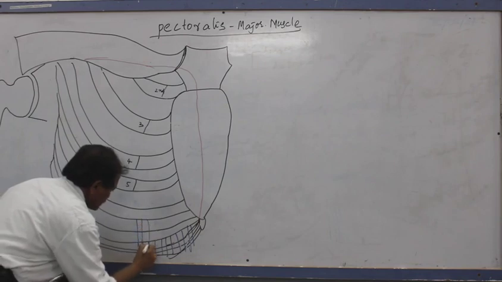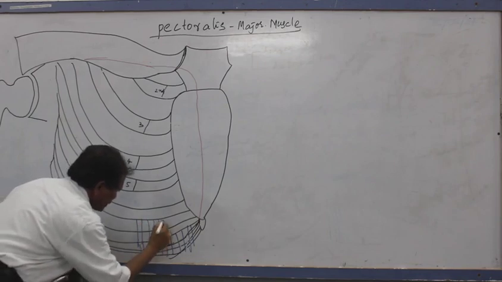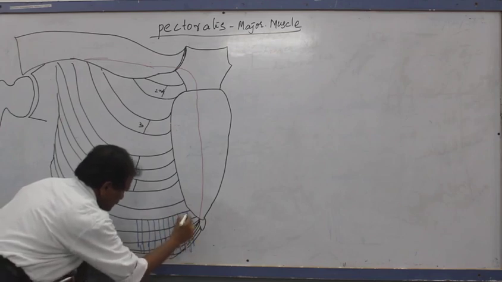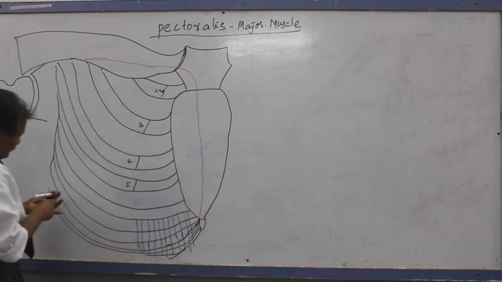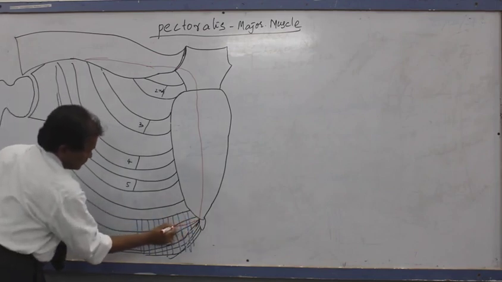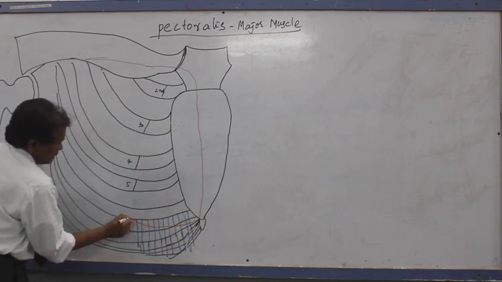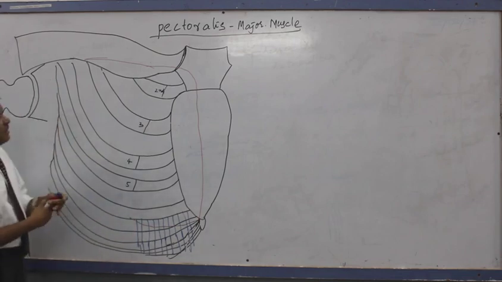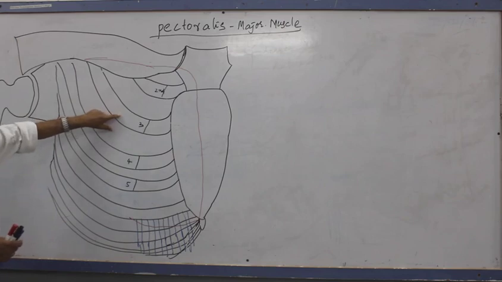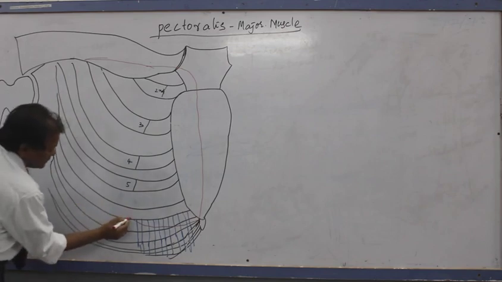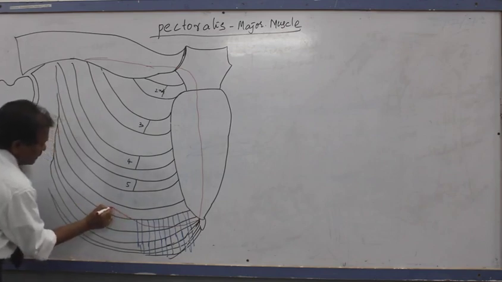From here it arises from this layer, and from the outer surface of the ribs and costal cartilages, like this.